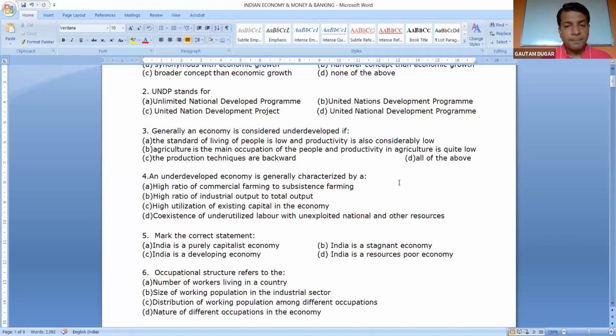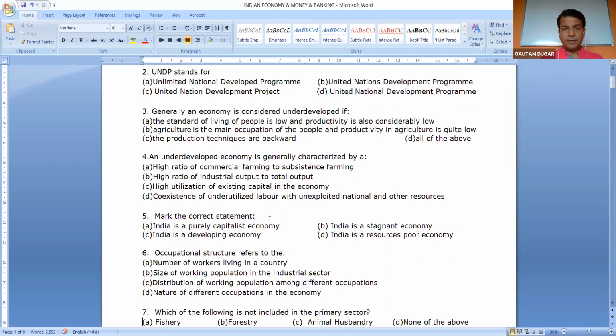High utilization of existing capital. No, capital utilization is very low, it's underutilization. Coexistence of underutilized labor with unexploited natural and other resources. Yes, that's correct. In an underdeveloped economy, we have underutilized labor and the resources are also underutilized.